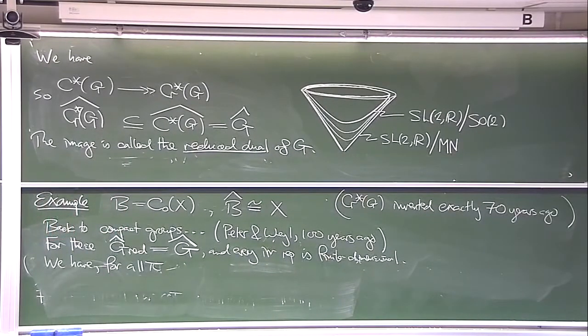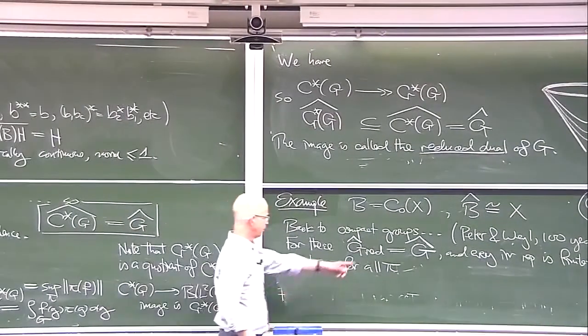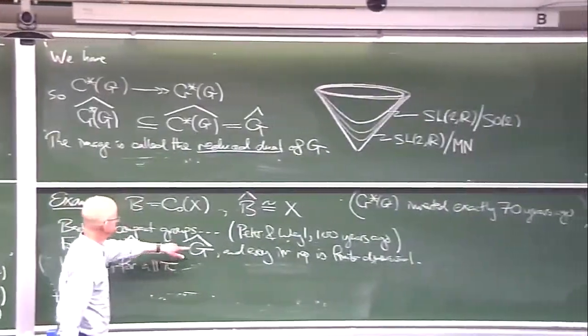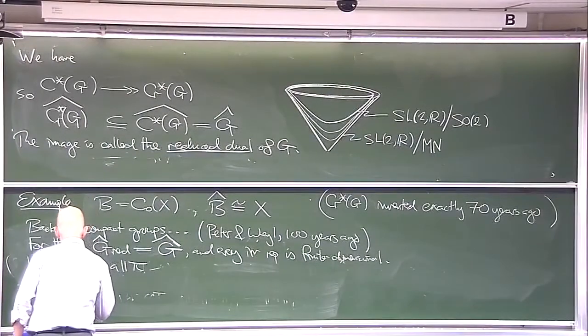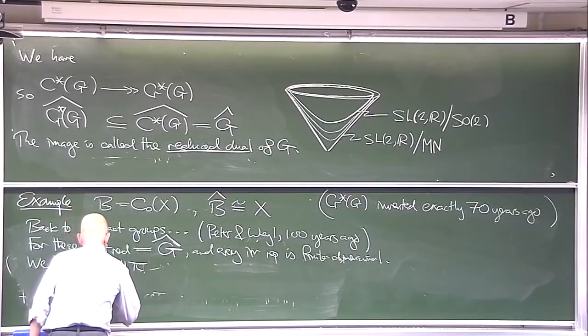And if I have an irreducible finite dimensional representation of G, then since the reduced dual and the full dual are the same, it corresponds to a representation of the reduced C star algebra.